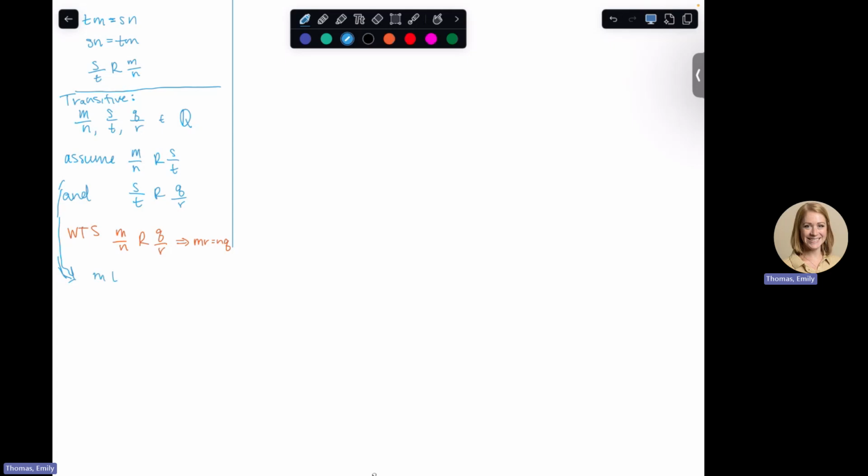Cross multiplying, MT equals NS. And what else? TQ equals SR. Or SR equals TQ, yeah.